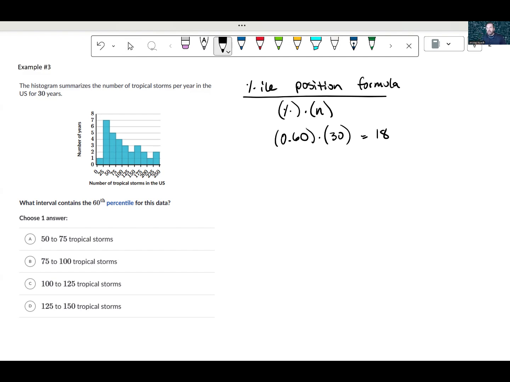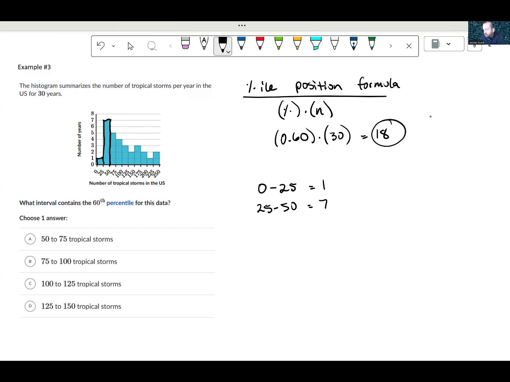So now we're going to look for the 18th value. So from 0 to 25 is 1 year. From 25 to 50, you write this out, from 0 to 25 is 1. From 25 to 50 is 7. And we're trying to go up to 18 and figure out which interval contains 18.